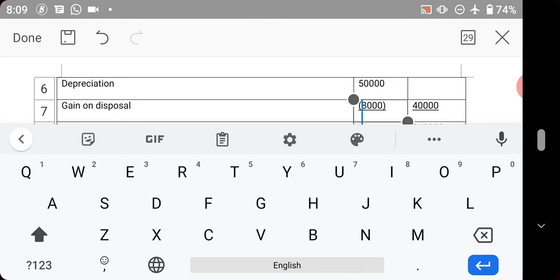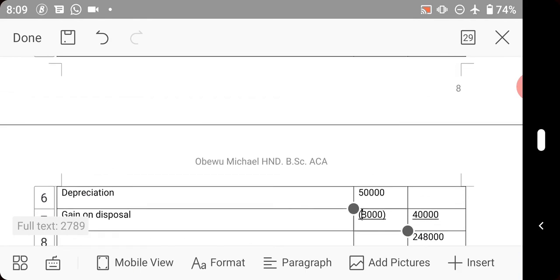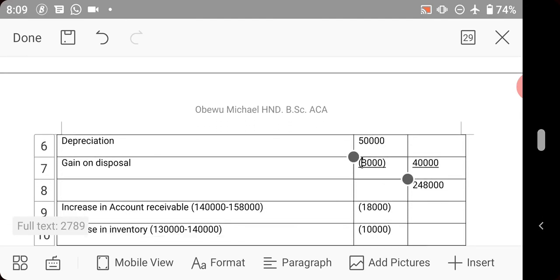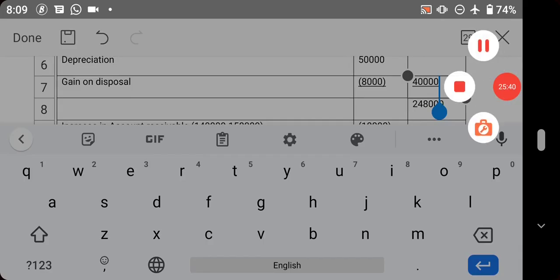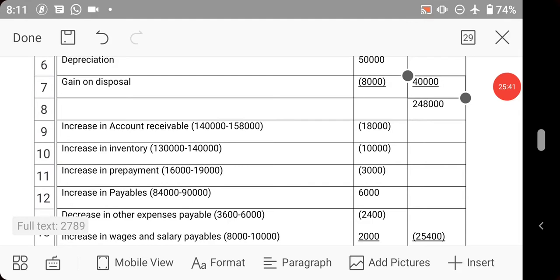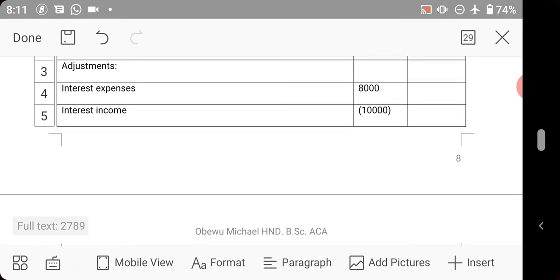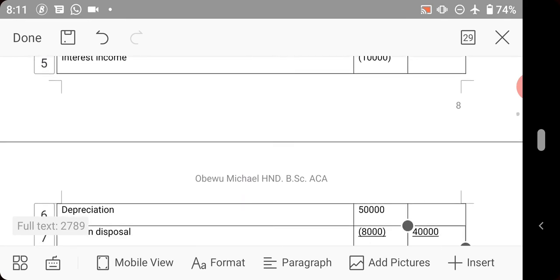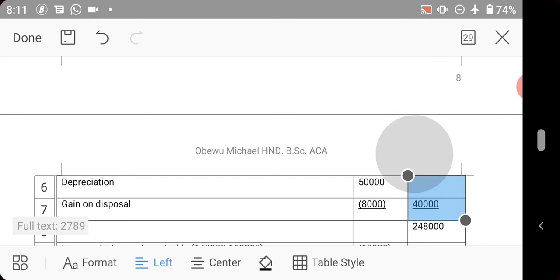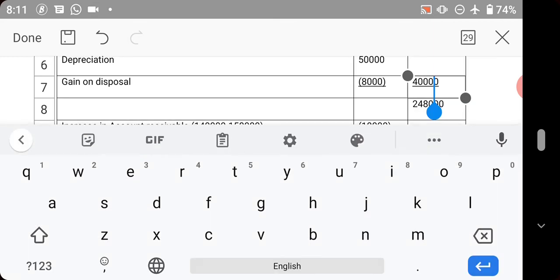Then gain on disposal should be deducted. All these are non-cash items. So when you add all these items, 8,000 minus 10,000 plus 50,000 minus 8,000 will give you 40.